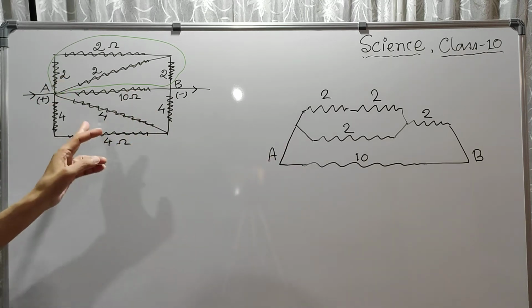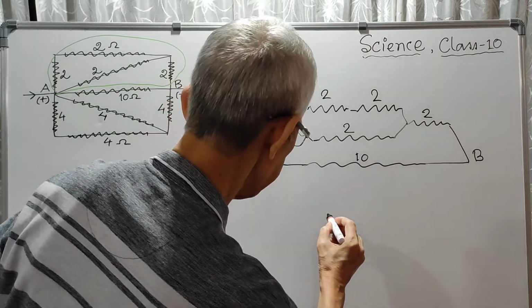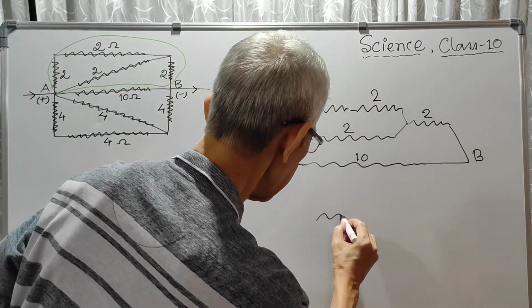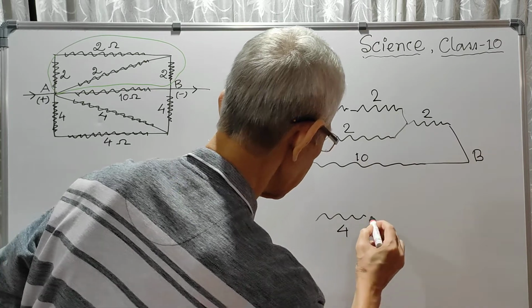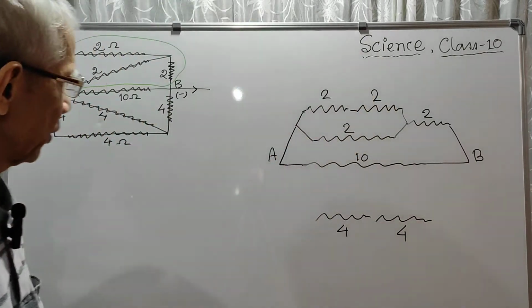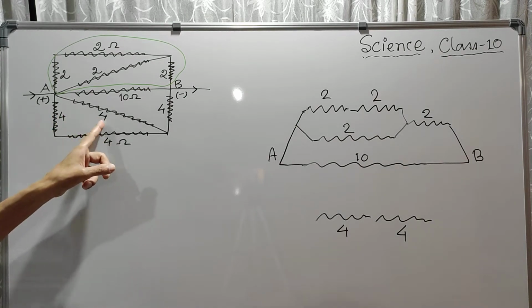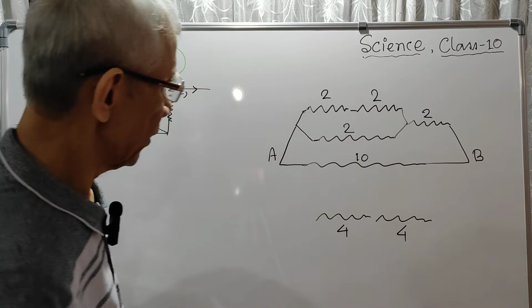Now similar diagram will be for the lower part. So exactly similar diagram will be this way for the lower part. So this is 4, this is 4, so they are in series. This 4 and this 4, they are in series. Now with them this 4 is parallel, alright.